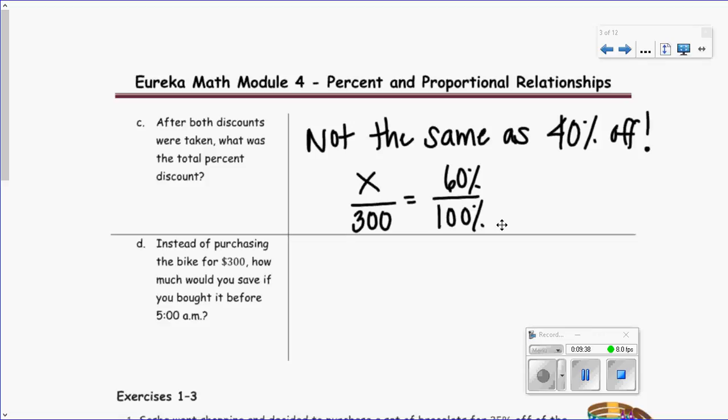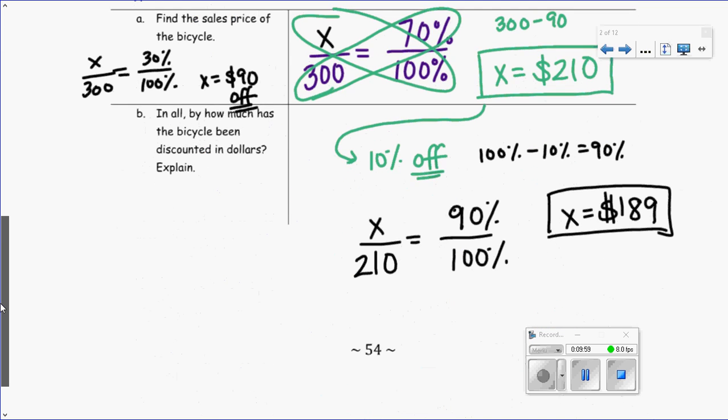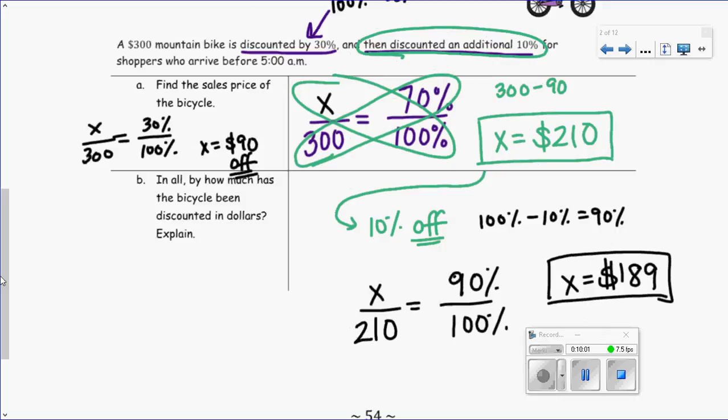Okay, and the bike doesn't cost $180, it costs $189. $180 is not the selling price. Okay, when it says an additional 10% off, like it did on the bottom of page 54, you have to take 10% off of the discounted price or the sale price. That's what it means when it says additional 10%.